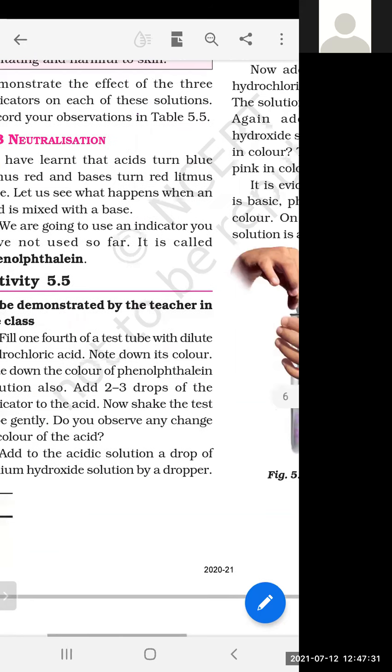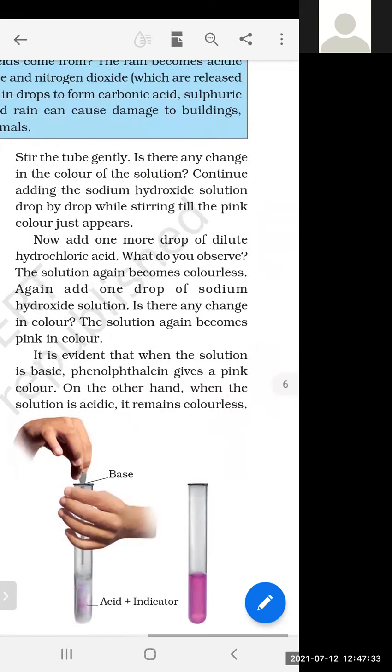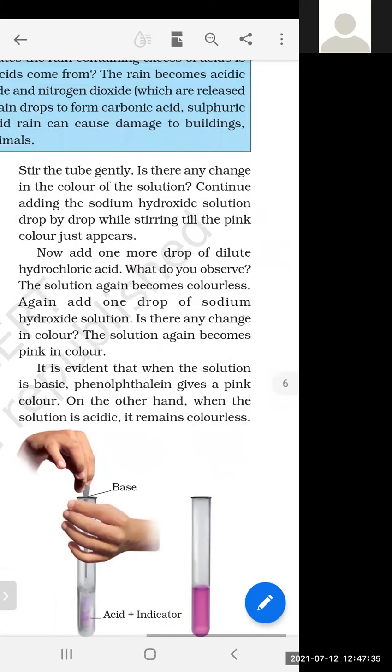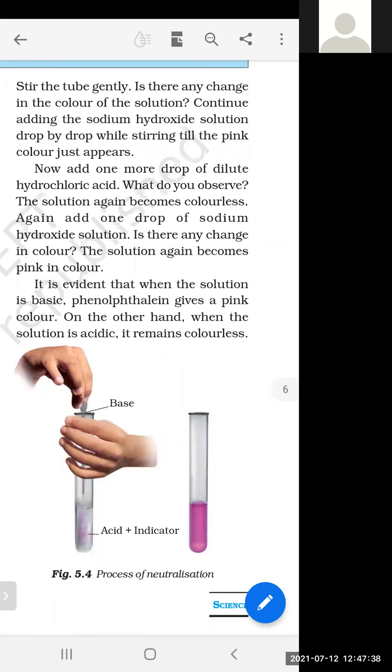With the help of dropper, we can add some base. Stir the tube gently. Is there any change in the color of the solution? Continue adding the sodium hydroxide solution drop by drop while stirring till the pink color just appears.